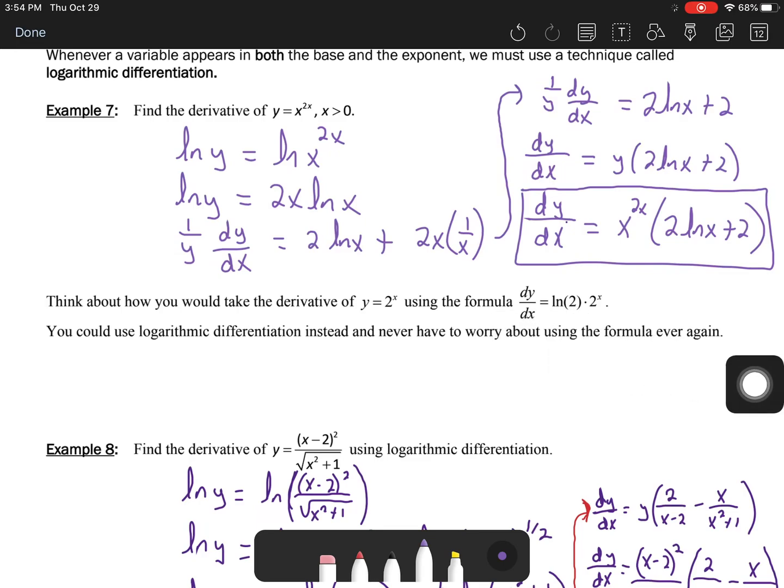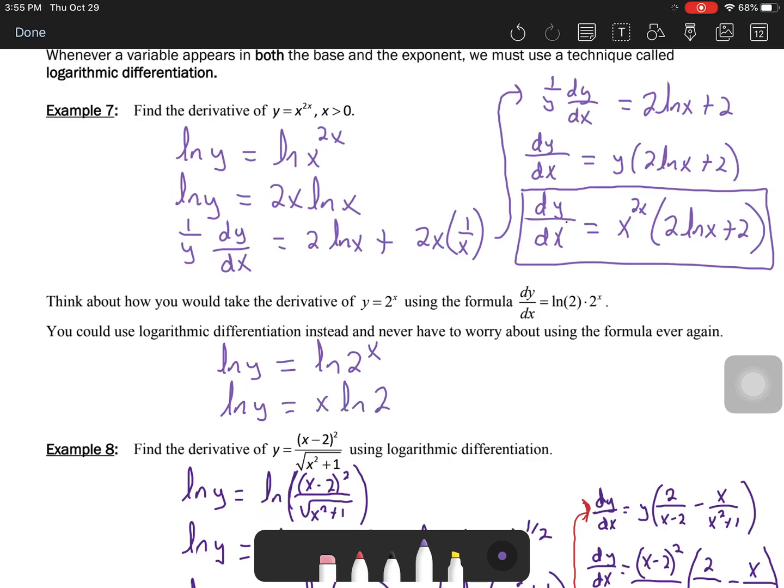and then you wouldn't have to try to remember this formula, because what you could do, just like what we did up above, is take ln of y equals ln of 2 to the x, and then we could multiply that x down, so x ln of 2.